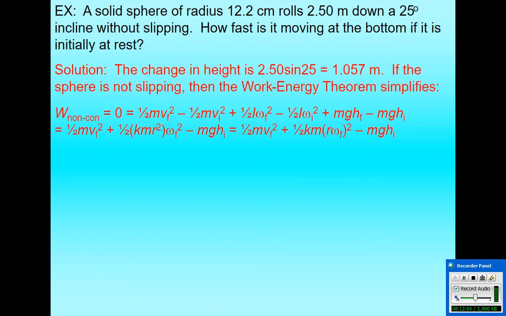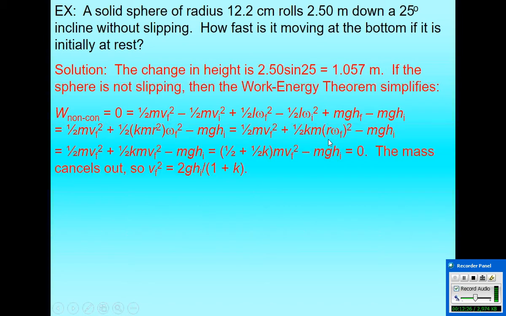without slipping. If it is rolling without slipping, then the tangential velocity of the outermost point on the sphere has to have the same speed as the center of mass of the sphere. In other words, r omega final, where r is the radius of the sphere, has to be equal to v final.